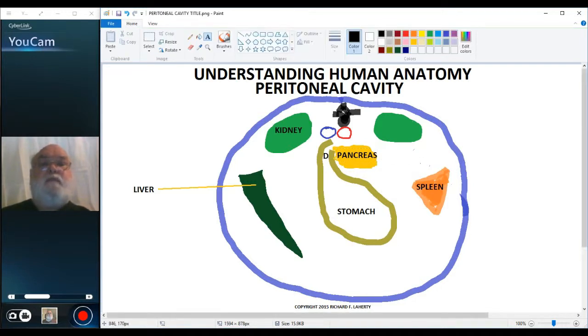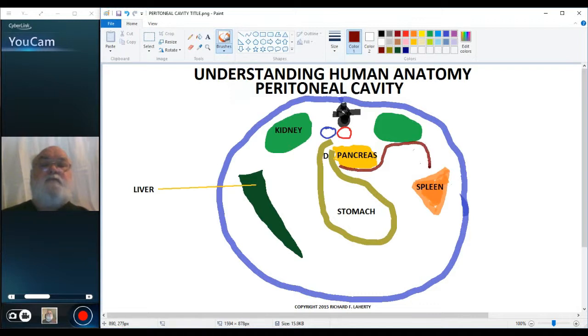So, I will now sketch in the peritoneum. And I'm going to start in the area of the lesser sac. Come along here like so.